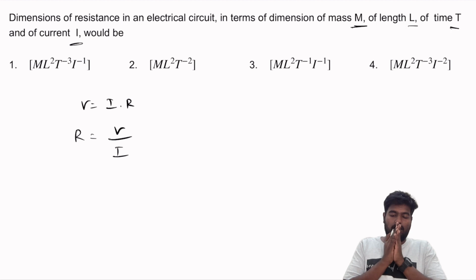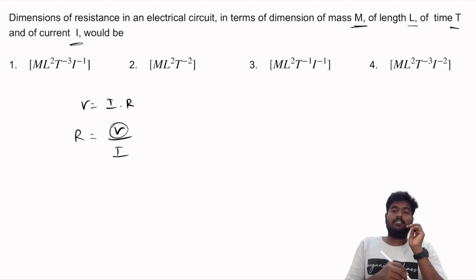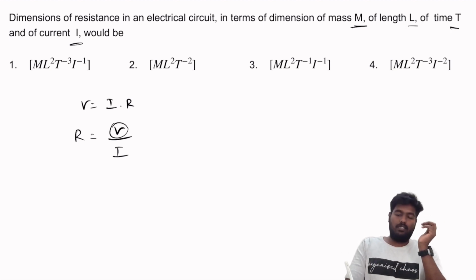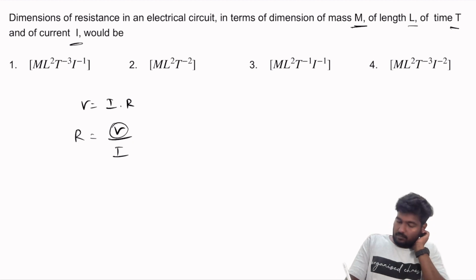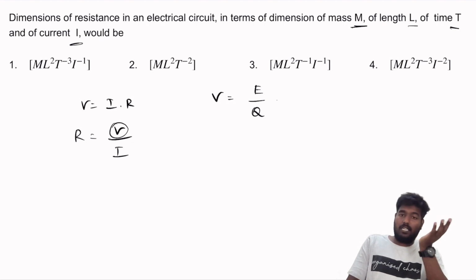Now we have to find the voltage formula. Voltage is energy by charge, and we know that charge is current into time. So this is energy by current into time.